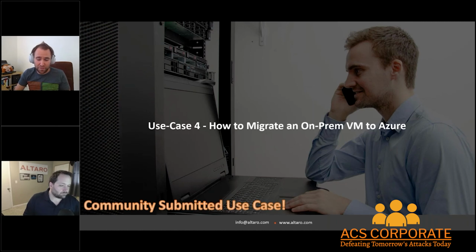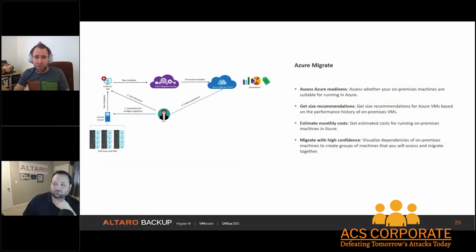So there are certain migration scenarios, and there are a lot of third-party solutions which help you with that. However, Microsoft also has a solution called Azure Migrate, together with Azure Site Recovery. Azure Migrate is a service which does an assessment of your environment.